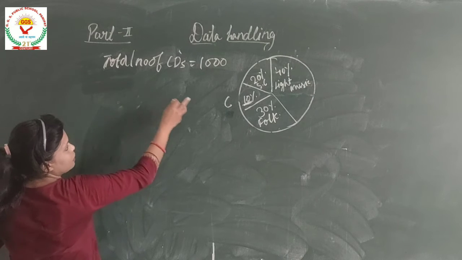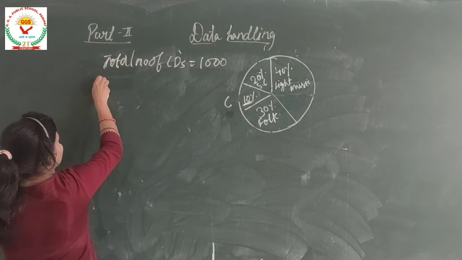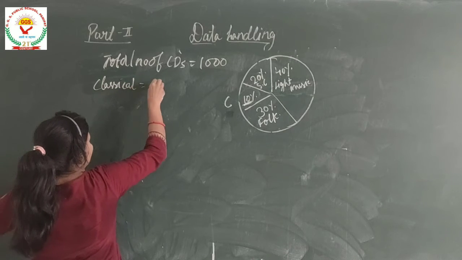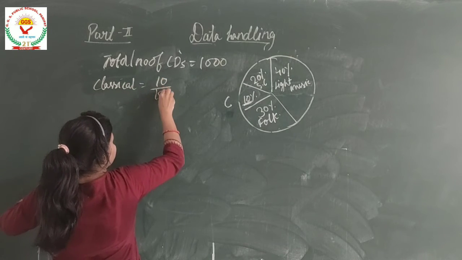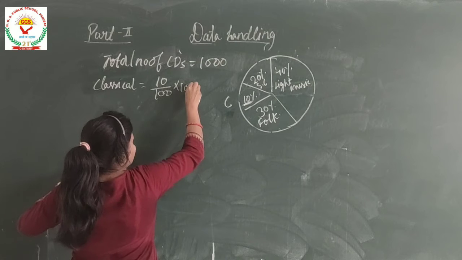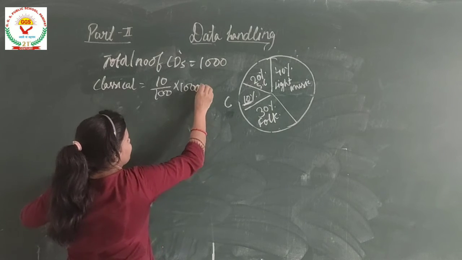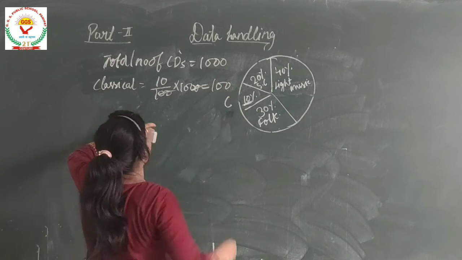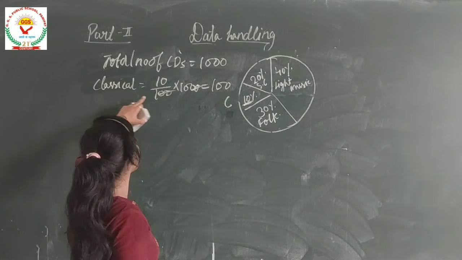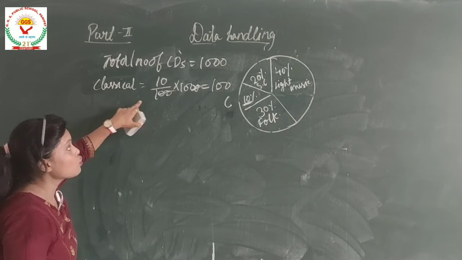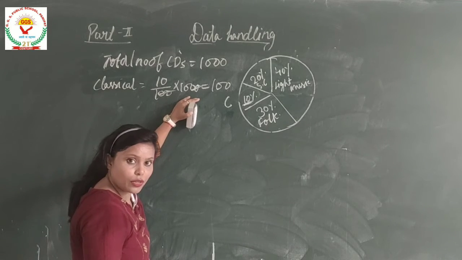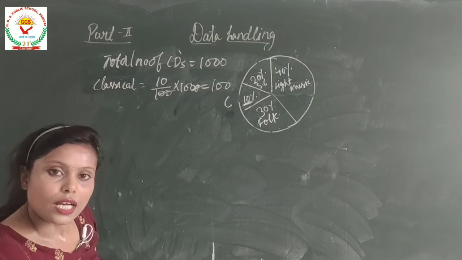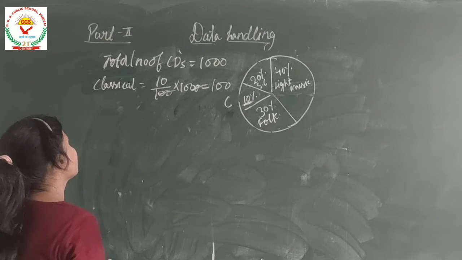Let's start with the minimum number, that is classical. For classical, on solving we will get 100. So 100 CDs will be of classical music out of 1000.